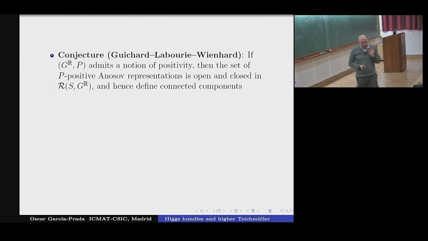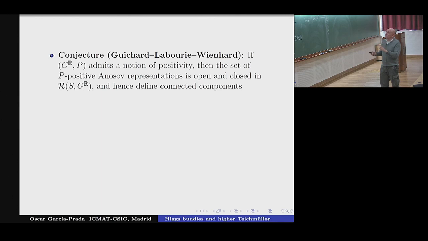It's still a conjecture, but I will add an extra condition, for which technically it's still a conjecture because there is no paper, but this is Guichard, Labourie, and Wienhard. They tell us, and we believe them, that they have a proof. They are writing a long paper on this subject, and if they have a proof, well, that's good news for us. I'll tell you why.